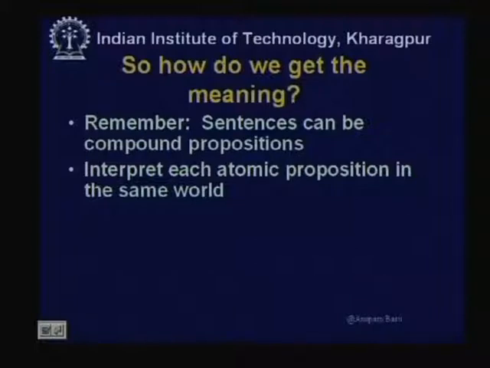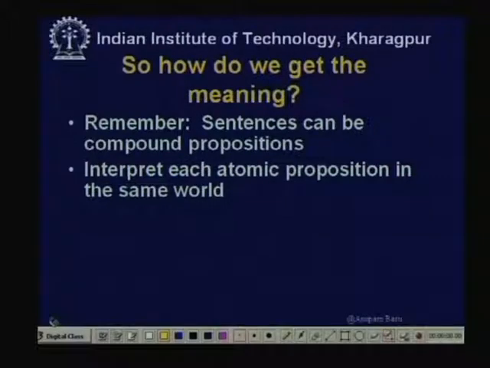In order to understand the meaning of the sentence, we have to interpret each individual atomic proposition in the same world. That is important. We must interpret it in the same world. Unless we interpret it in the same world, it will not be really meaningful, we can say.